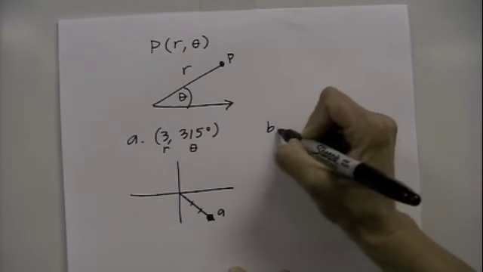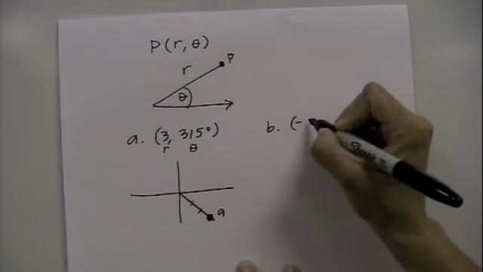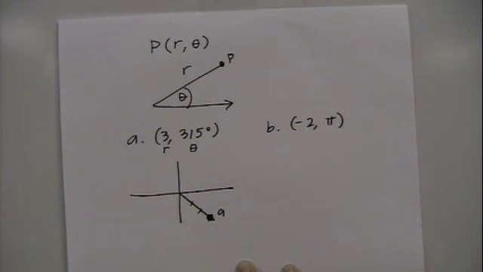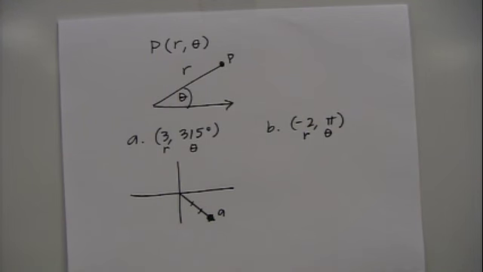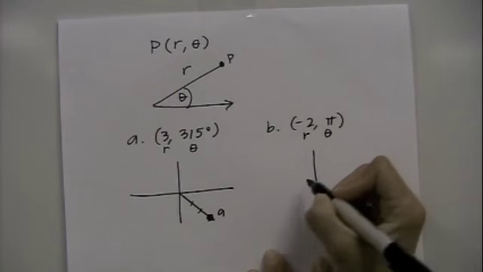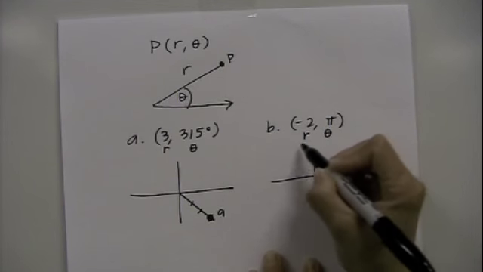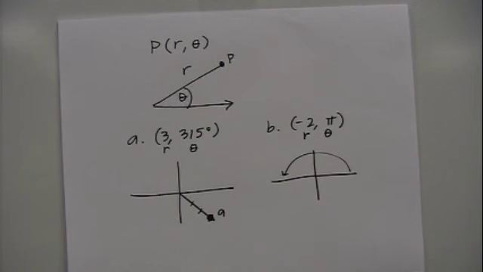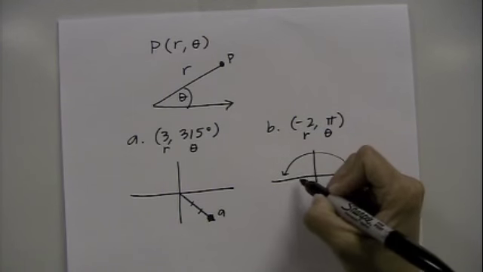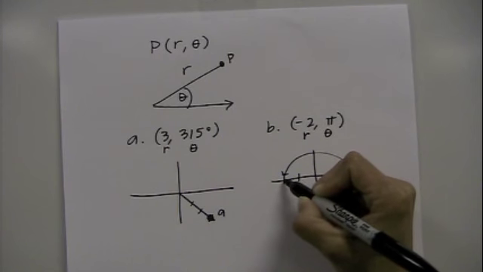For part B, let's go ahead and plot the point -2, pi. So again, because you have your r, comma, theta, theta is telling us to rotate pi. So that would put us all the way over here. Again, from here to here would be the angle pi. If this was a +2, you would go out 2, and then your point would be right there.